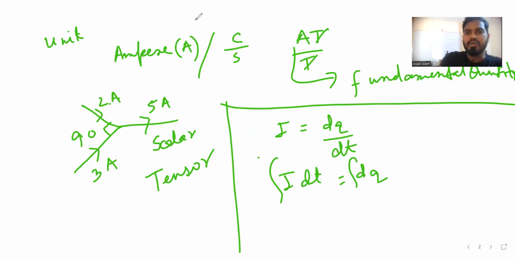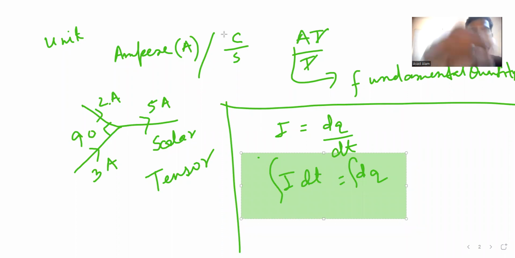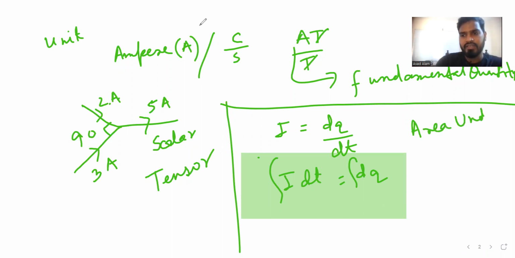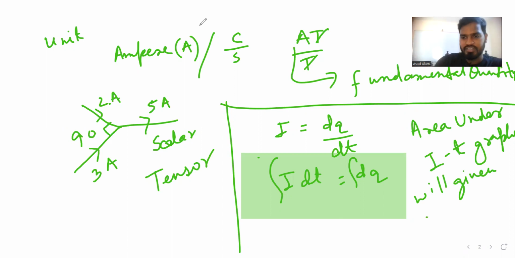From that, we can say one more point: the area under the I versus T graph will give charge.